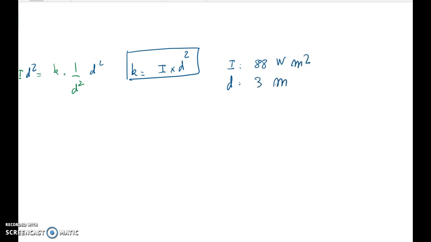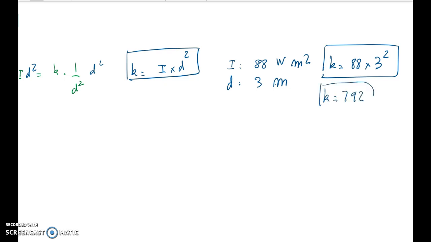Therefore, now I can find k, because I can write k equals 88 multiplied by 3 squared. Let me take my calculator. So now we have a value of k equal to 792.